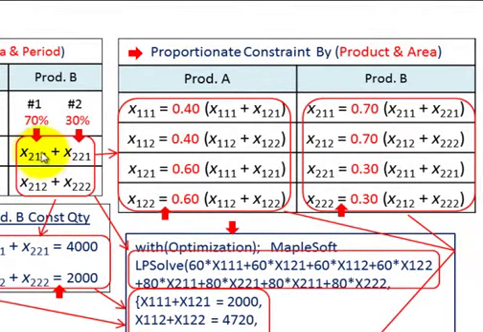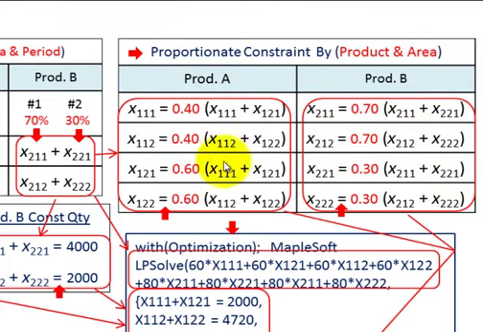If we look at x211, period 1, sales area 1, going back to product B, x211 is equal to 70% times its row, x211 plus x221. Then for x212, that's sitting in sales area 1 at 70%, representing period 2, so x212 equals 70% times the row that it's sitting in.